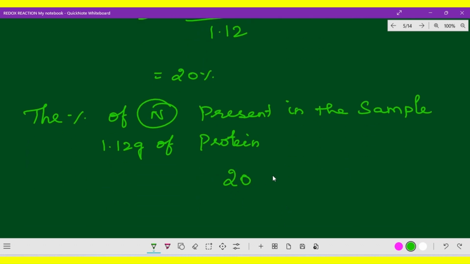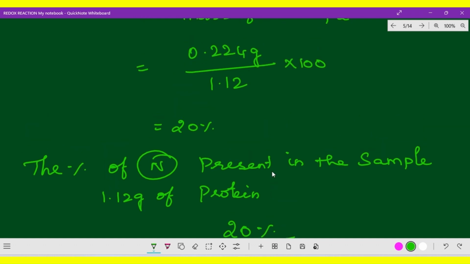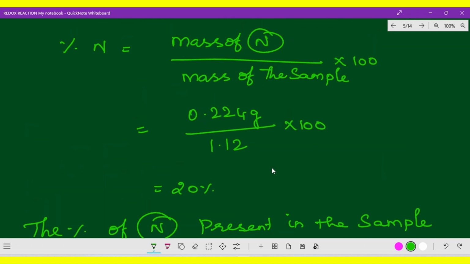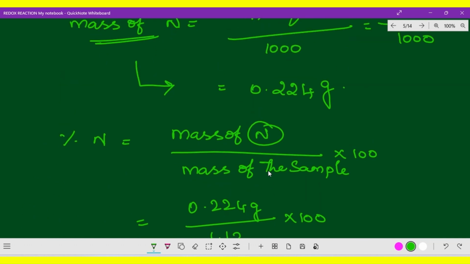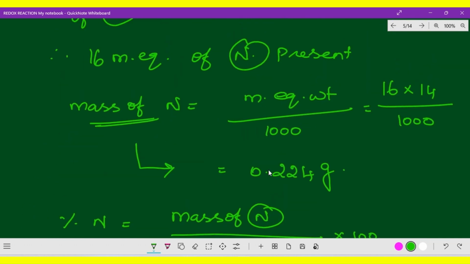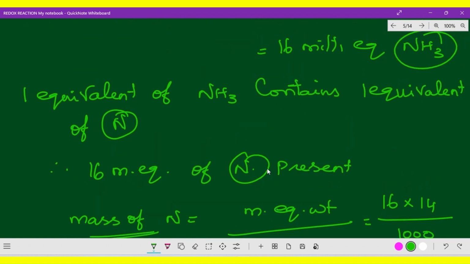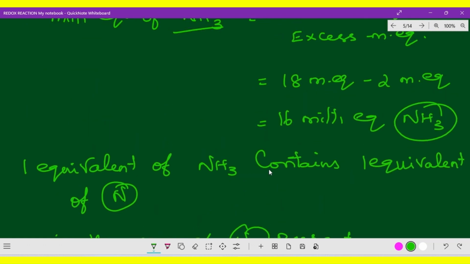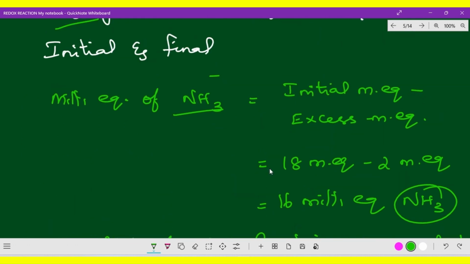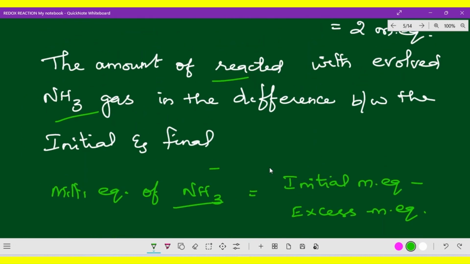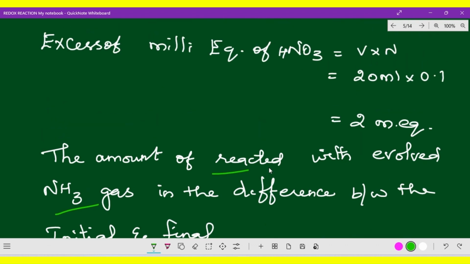That is 20%. I hope you got the clarity. The same idea only. Milli equivalent, if you are going to identify, generally equivalent if you are identifying, here it is volume into normality, what they have provided from the data. Then next, initial and final, you have to subtract. Then after that, you have to identify the percentage purity. Finally, you will get the answer. I think I have given the formula for each and everything that will help you to analyze that answer.